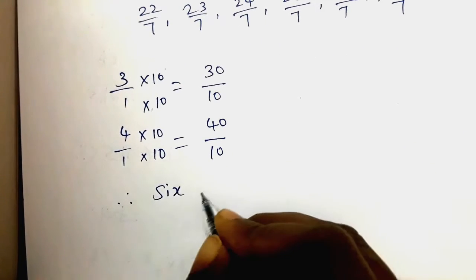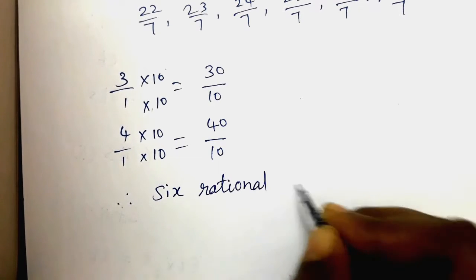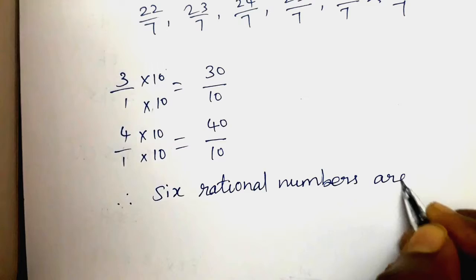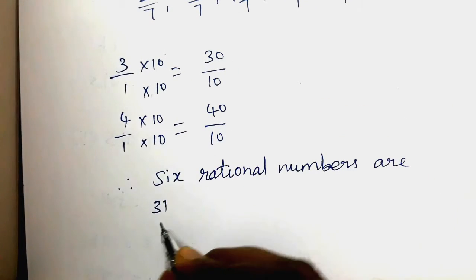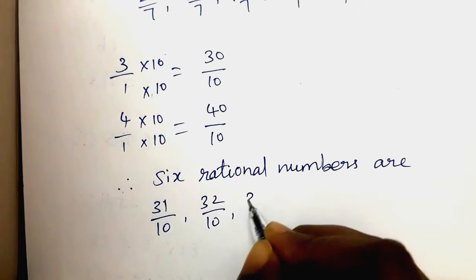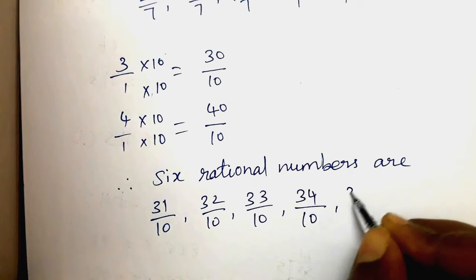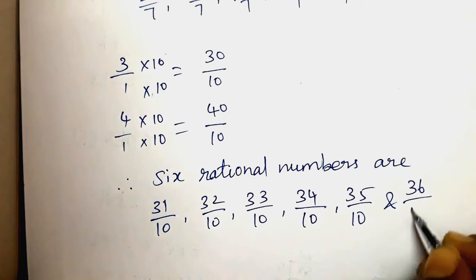Therefore 6 rational numbers are, after 30 by 10 we have to write 31 by 10, 32 by 10, 33 by 10, 34 by 10, 35 by 10 and 36 by 10.